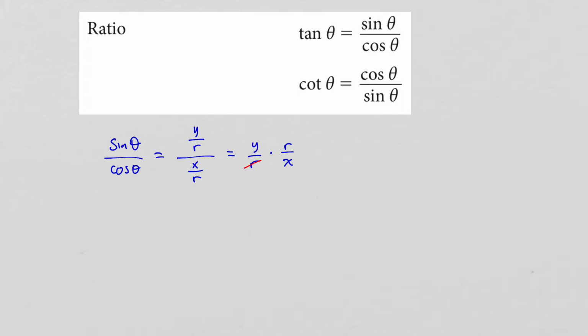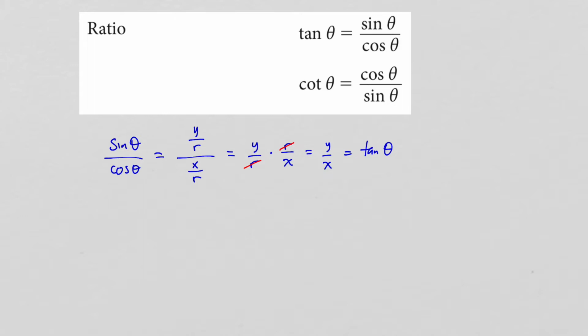And then what happens here is these r's cancel out, and we end up getting y divided by x. But y divided by x is, by definition, tangent of theta. So we've proven that sine of theta over cosine of theta is equal to tangent of theta. And in a similar way, cotangent can be proven to be cosine divided by sine.